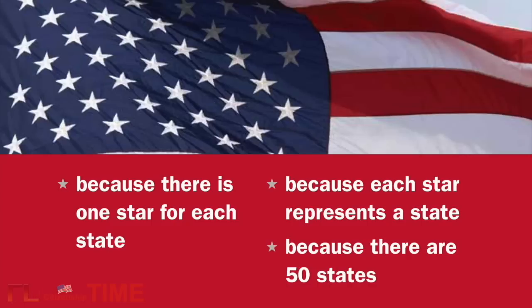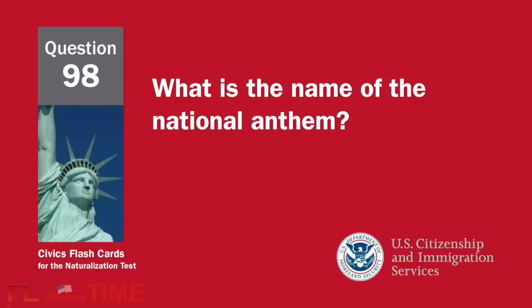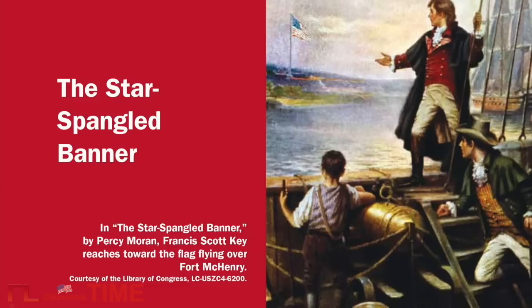Because there is one star for each state. Because each star represents a state. Because there are 50 states. What is the name of the national anthem? The Star-Spangled Banner.